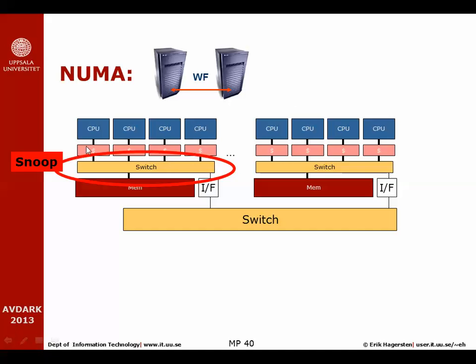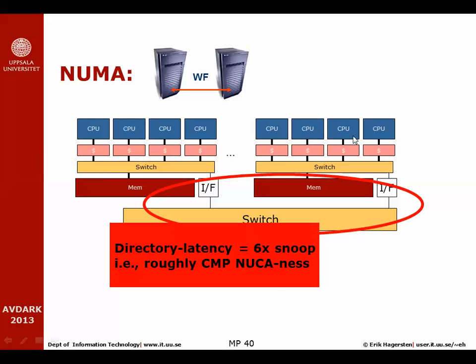This is typically implemented by the not-so-scalable snoop implementations we discussed in some gory detail so far, and the coherence between all these multi-core chips is done through what's called directory coherence, which takes substantially longer. The performance difference between staying inside a node and going between nodes, on the specific system we measured here, is 6 times remote access compared with local access. That varies a lot. Maybe between 3 and 6 would be a good number.